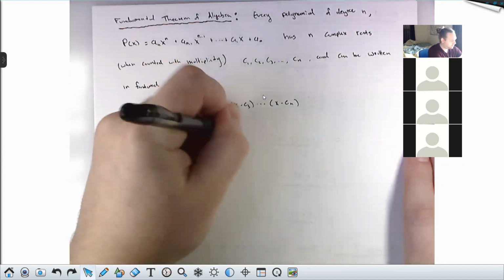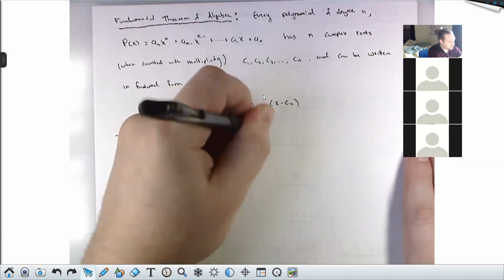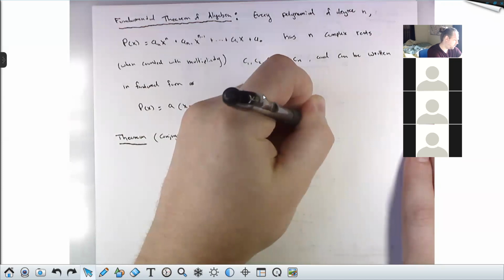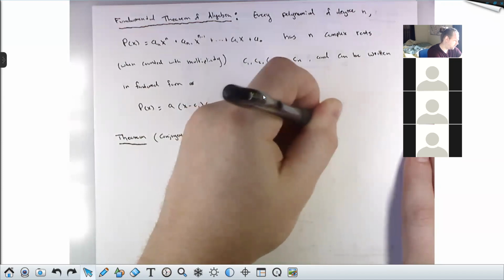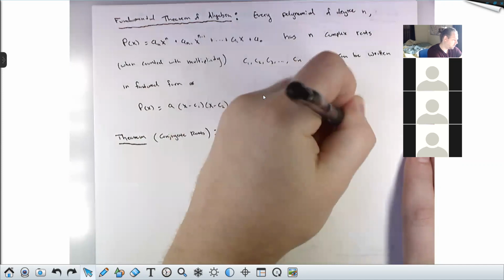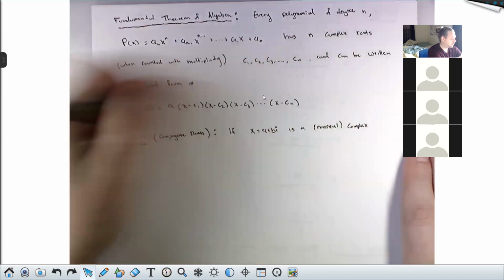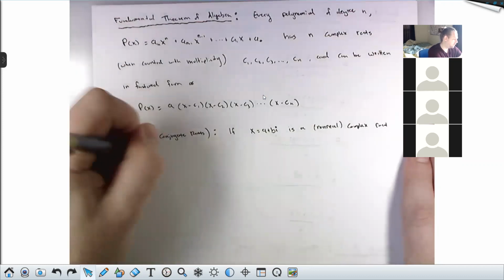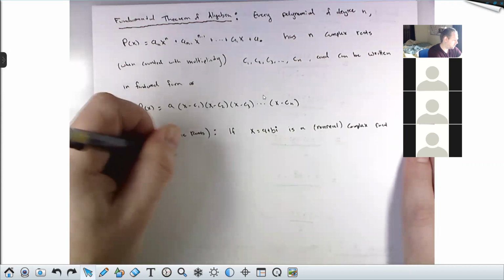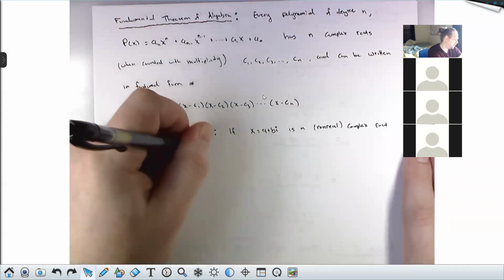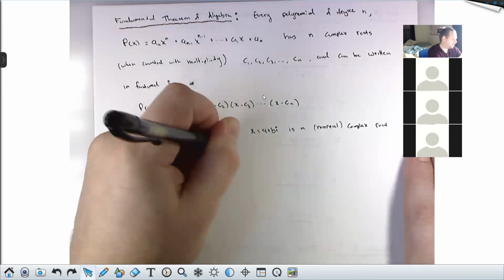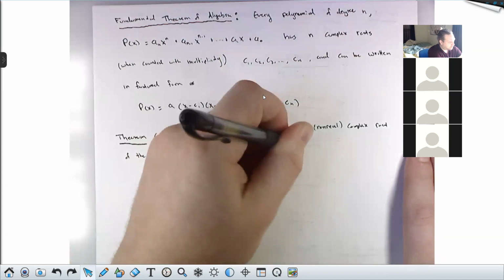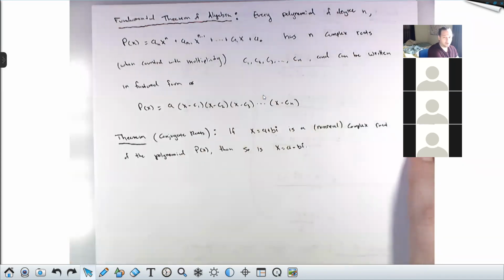This says if x equals a plus bi is a non-real complex root of the polynomial p of x, then so is x equals a minus bi, its complex conjugate.